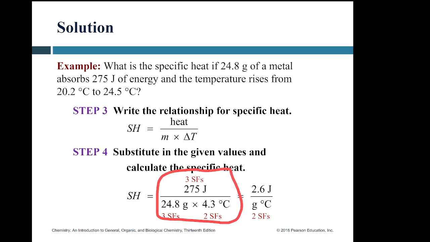Okay. And so I go ahead and do the math. I'm going to get 2.6 joules per gram degrees Celsius. It is 2 sig figs because of that minus right there, the change in temperature, which is 2 sig figs.